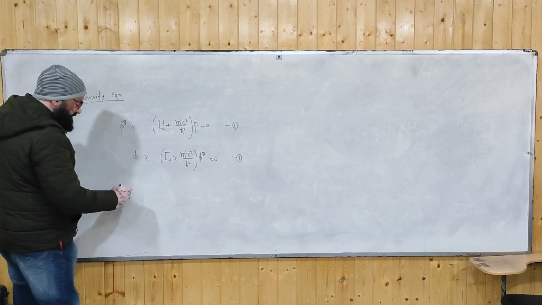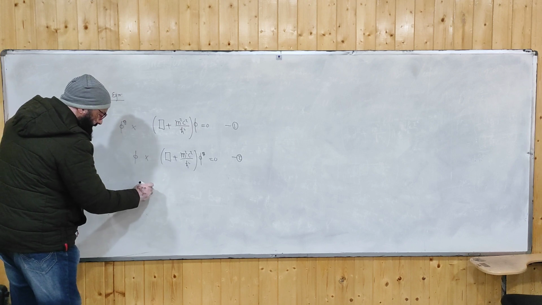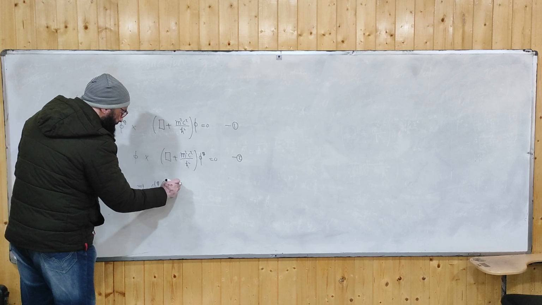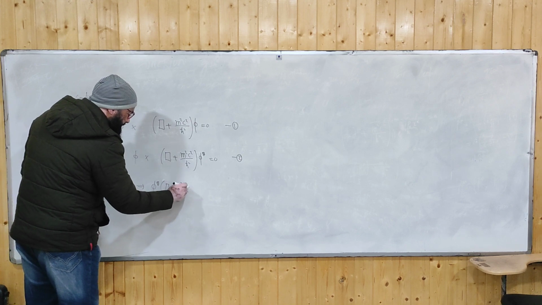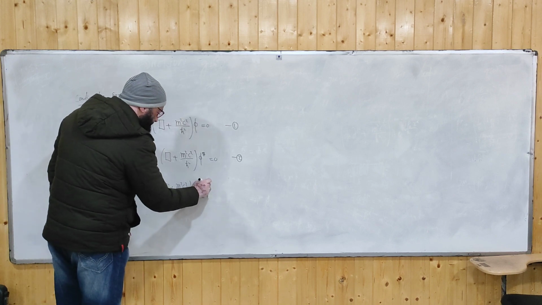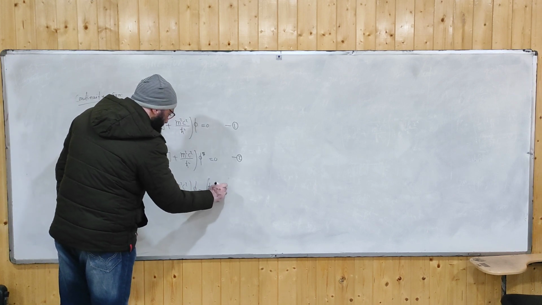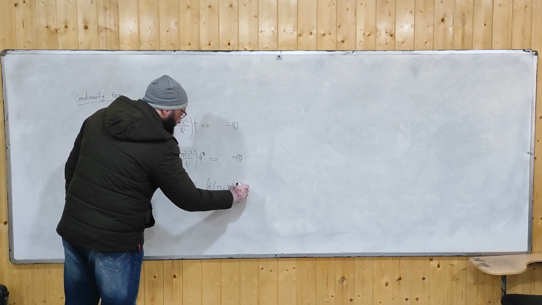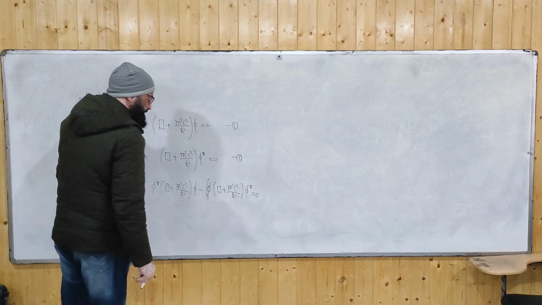and subtract the two. Which implies phi star, box operator, m squared c squared by h cross squared phi, minus phi, box operator, m squared c squared by h cross squared phi star, equals 0. Clear?